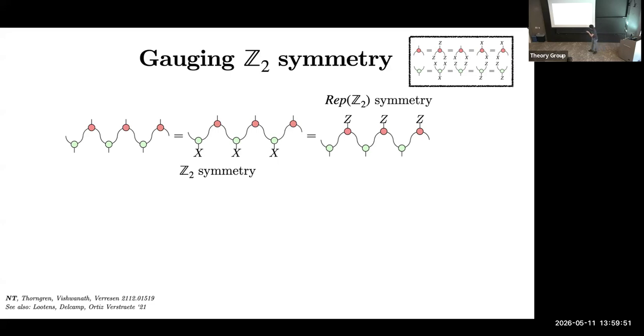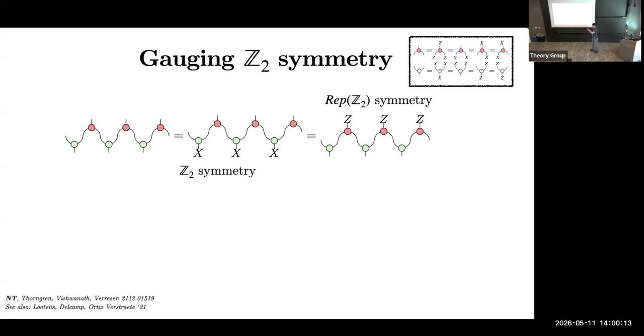Now it turns out that, let me just take these green GHZ states and glue them with the red one in this manner. And what happens is you can check that the Z2 symmetry, if I act by this spin flip, which is X on every site, gets totally absorbed into this map.